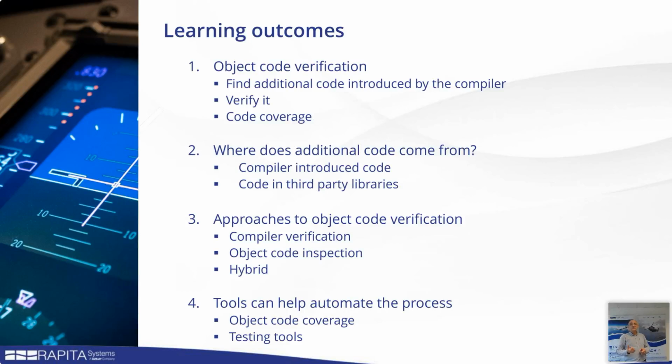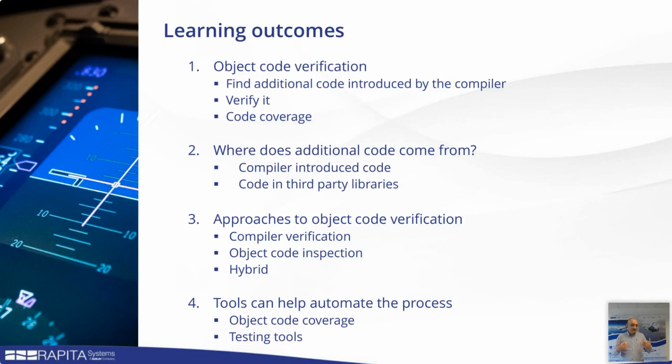This additional code comes either from the compiler or from third-party libraries, and the way to handle it is either you do the work up front, do a compiler verification, and do it once, or you inspect the code and repeat it multiple times.